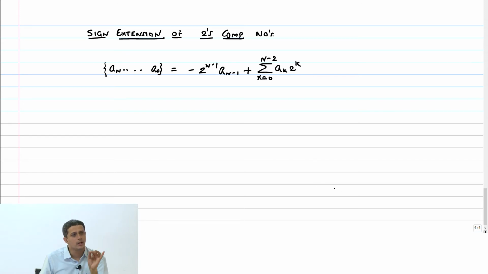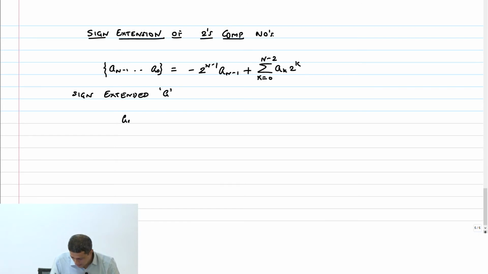Now what am I doing? What is sign extension? It's taking this a n minus 1 bit and repeating it m times. I'm going to create a new sign extended number. So what is that value?